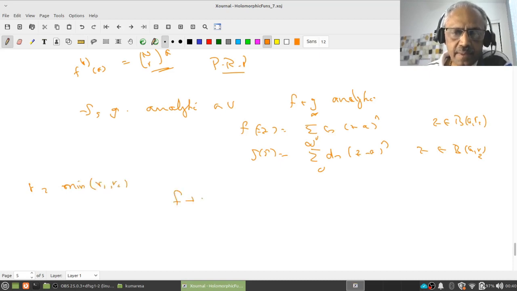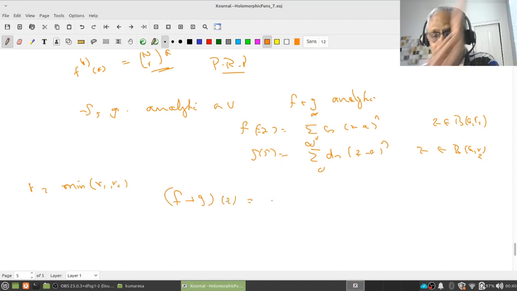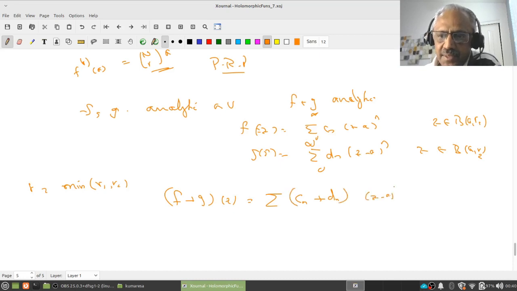Then f plus g of z, using the theory of convergence of infinite series, is not pure algebraic manipulation of symbols. I have explained this many times, so I will not do it again: the sum of (c_n plus d_n) into (z minus a) to the power n, n from 0 to infinity, for all z in B(a, R).